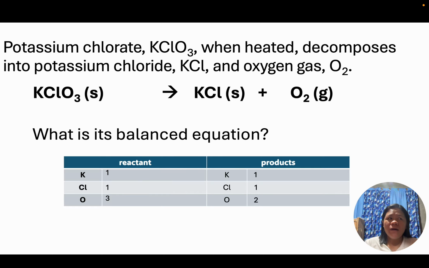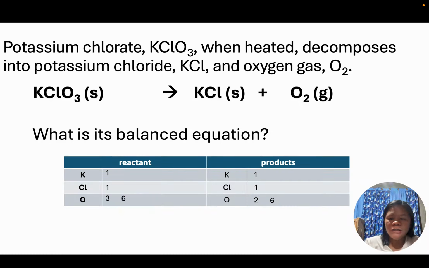In this case, we cannot simply decide whatever number to put in our equation. We have to find first the least common multiple. For 3 and 2, the least common multiple is 6. So we should achieve 6. This is our goal.